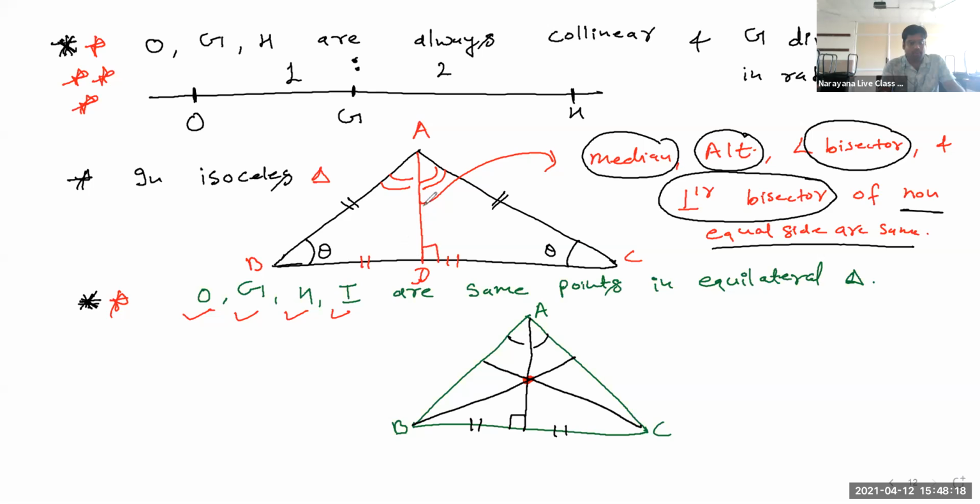So if you draw a median or an altitude to BC, this will be true only for BC, not for an altitude drawn from B. It will also not be true for an altitude drawn from C. So only for one line out of the three medians, this is true.